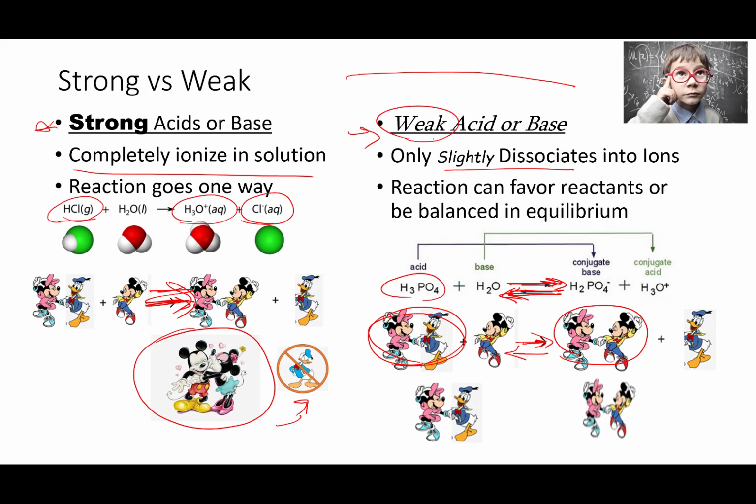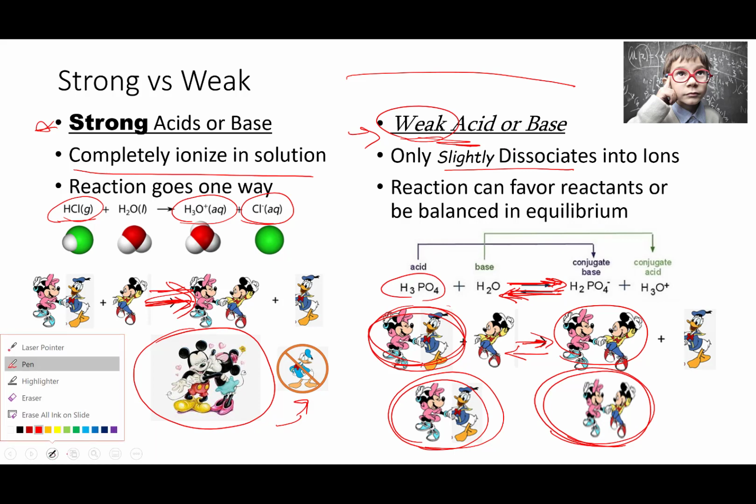Some weak acids, the reactions favor the reactant. Some weak acids, it's almost 50-50, meaning that maybe 50% of the time, there's one combination and the other. So it all depends on the specific chemicals you have in those weak acids and bases. Now, why are we talking about this?